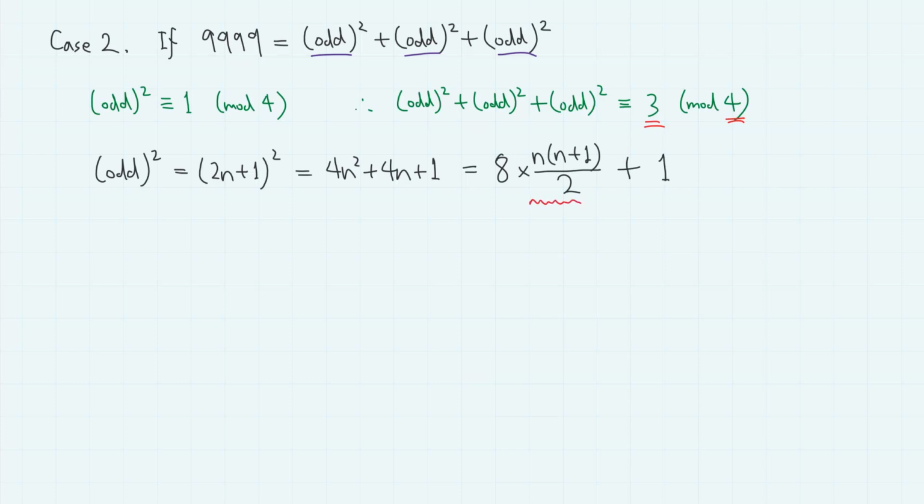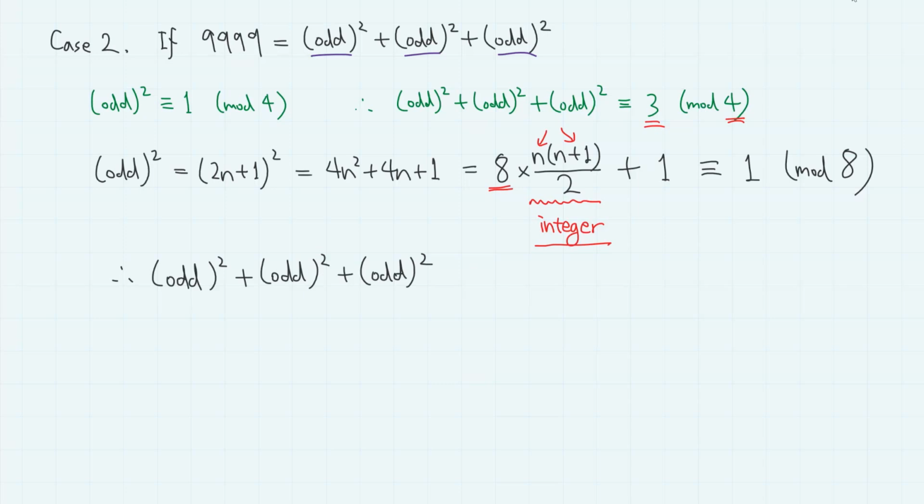Here, this n times n plus 1 over 2 is an integer because one of n and n plus 1 is an even number. Therefore, we can obtain the information related to division by 8. It gives the remainder 1 when divided by 8.